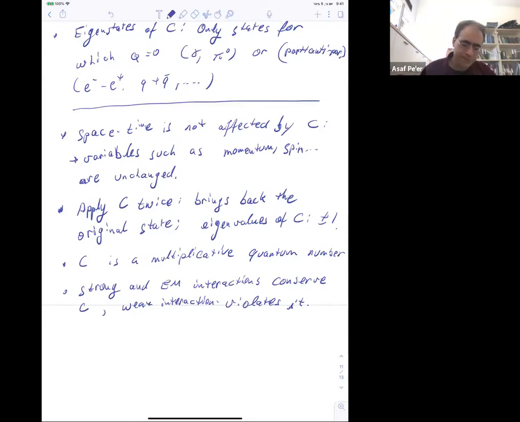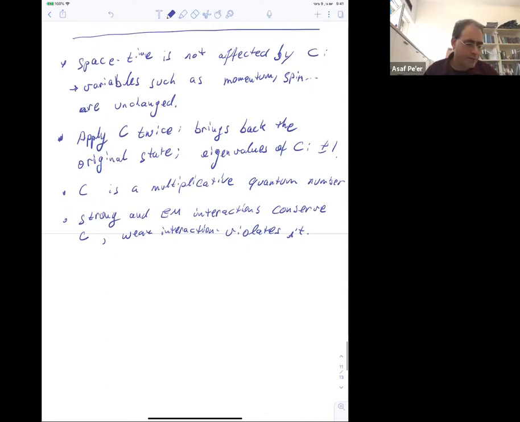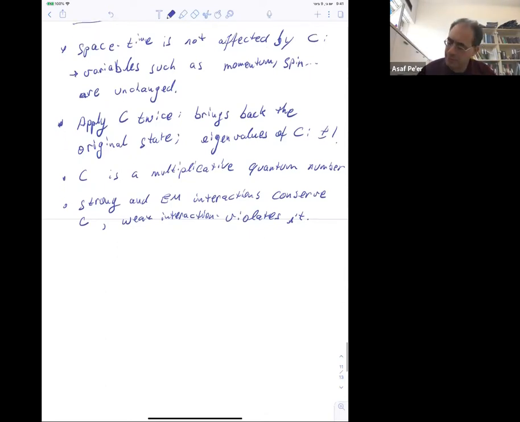Okay. So examples, right? What is the C for the photon and the pion 0? So I said that the gamma, the photon, is an eigenstate of C. What's the eigenvalue?